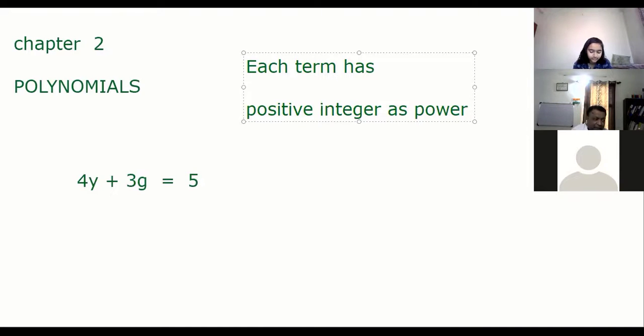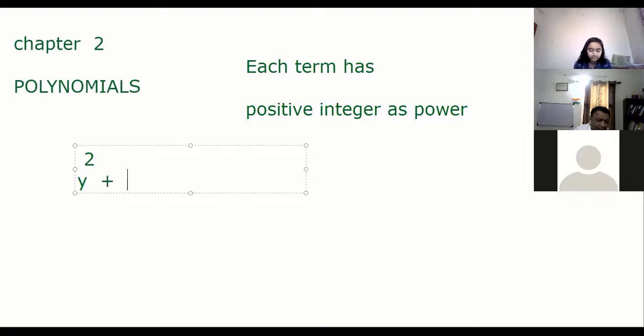For example, if I say y square plus 6y minus 2, is it a polynomial or not? Yes. What is the power of y? 2, so that is a positive integer. 6y, the power of y is 1, and it's a constant term. Sir, is it a term or is it a variable?